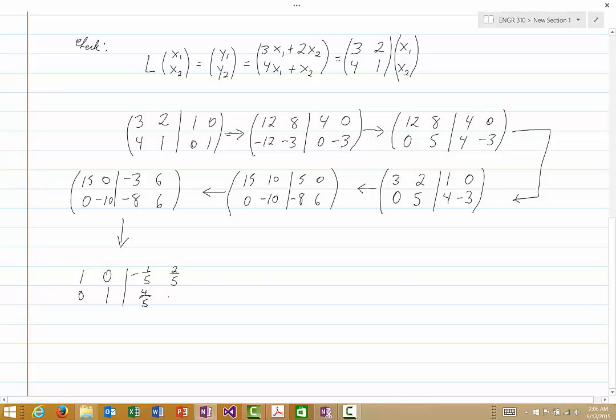And 6 over -10 is -3/5. And now we have the identity matrix on the left-hand side. And so we conclude that the matrix for L inverse is -1/5, 2/5, 4/5, -3/5.